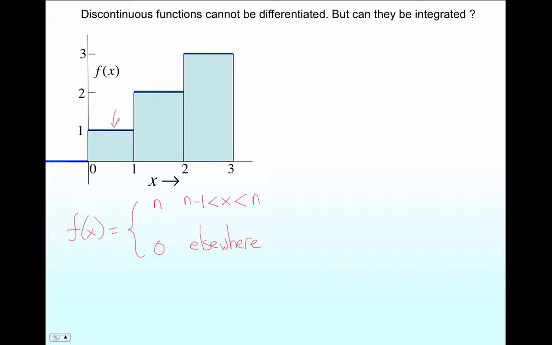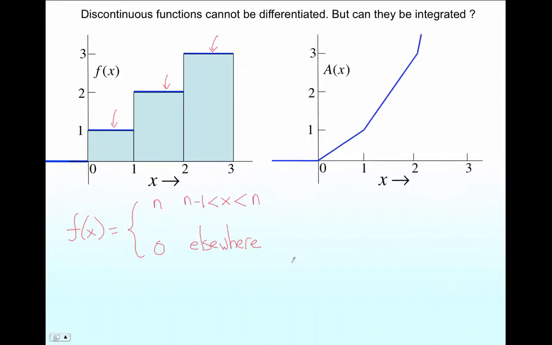So, where it is flat, the derivative is 0. But if I'm at x equal to 1 or x equal to 2 or x equal to 3, then clearly it cannot be differentiated. The limit of f of x plus epsilon minus f of x, divided by epsilon, does not exist.